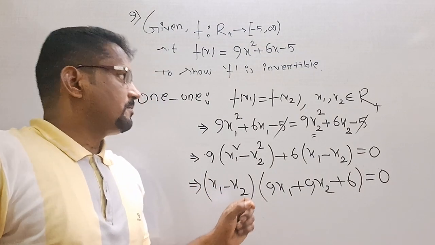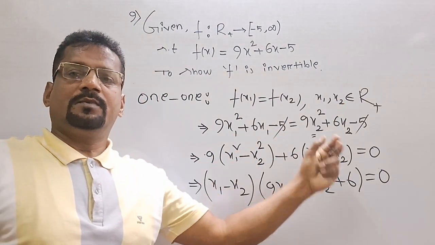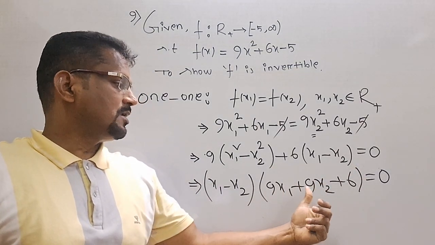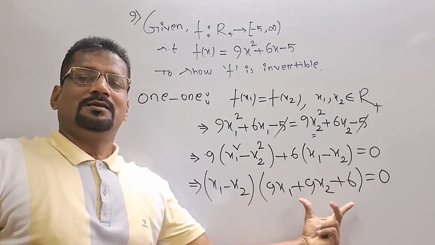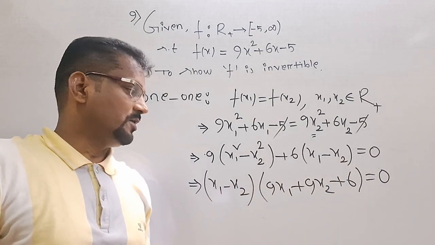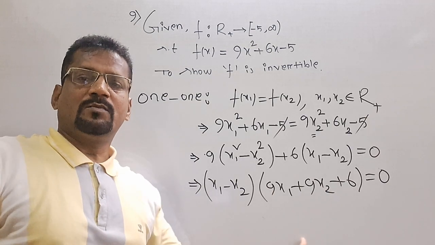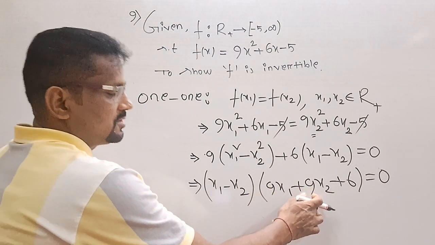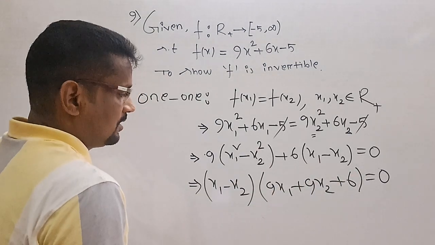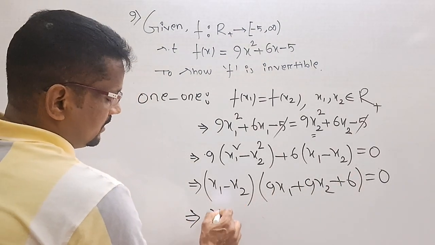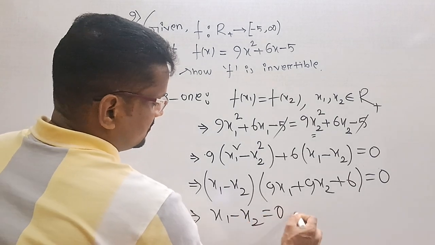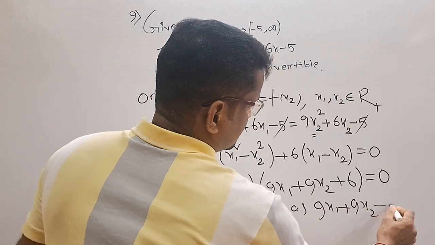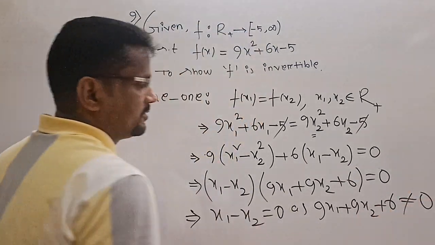Now simple reasoning: x1, x2 are non-negative real numbers. That's why 9x1 plus 9x2 plus 6 cannot be 0, because all are non-negative. The sum of non-negative numbers cannot be 0. If x1, x2 become 0, then also plus 6 will be there. So from here what you can say, x1 minus x2 is equal to 0 as 9x1 plus 9x2 plus 6 is unequal to 0.